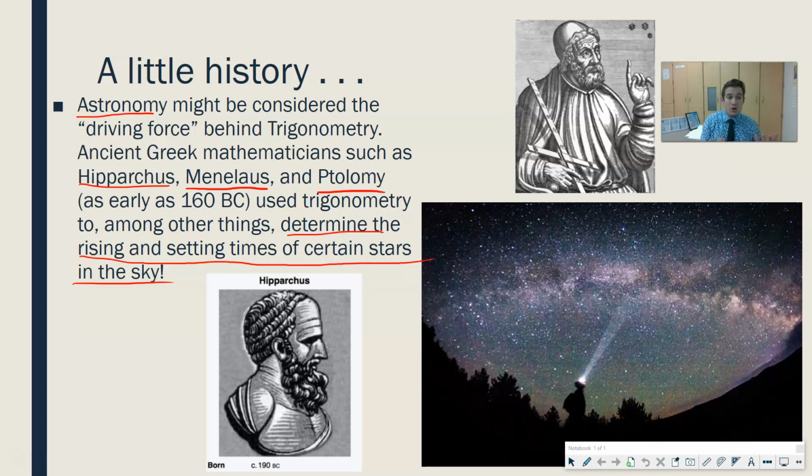They calculated how long these stars stayed in the sky and the times it would take for them to return into our view. Pretty cool start to trigonometry. That's where all of this started.